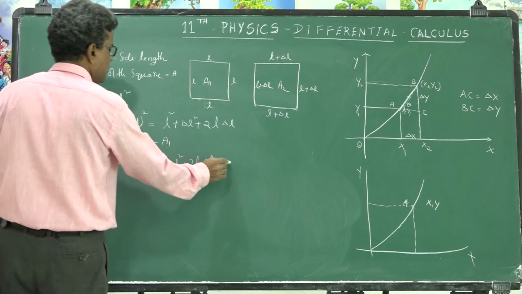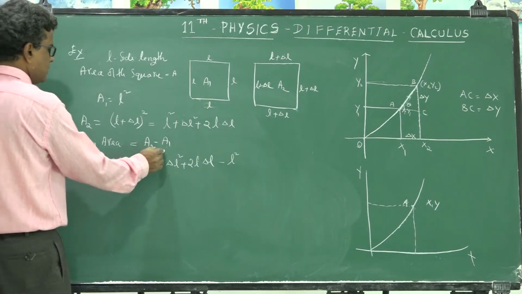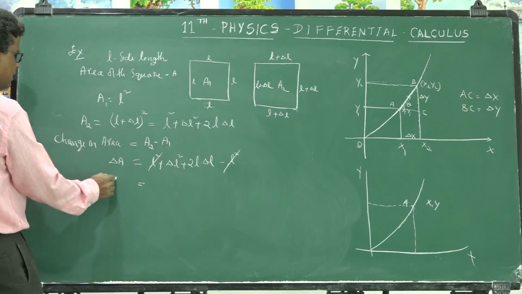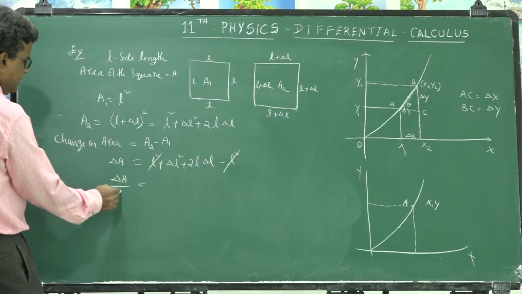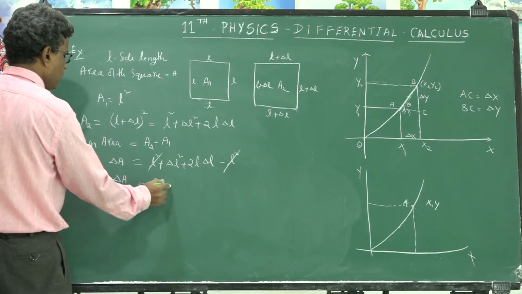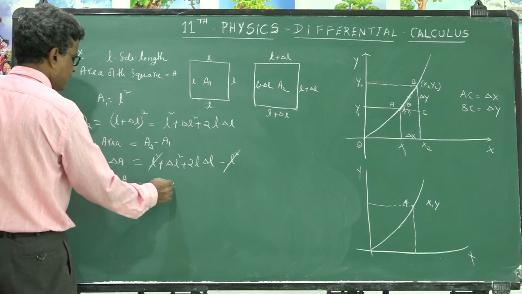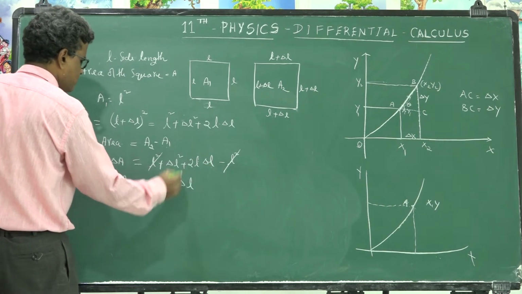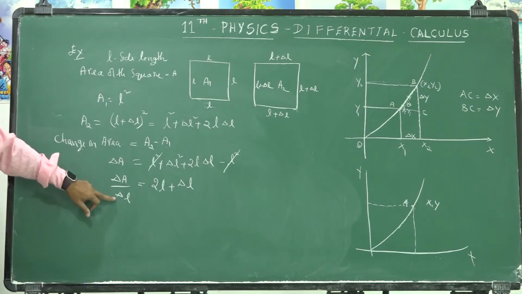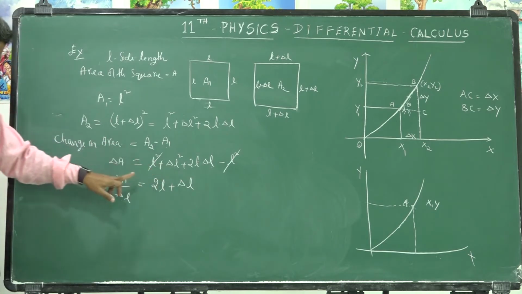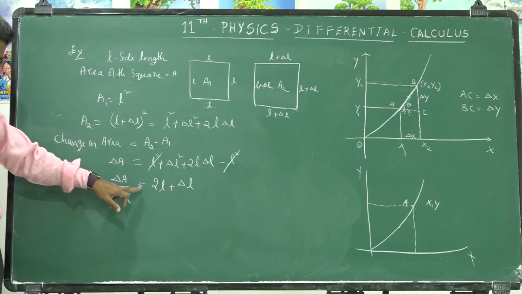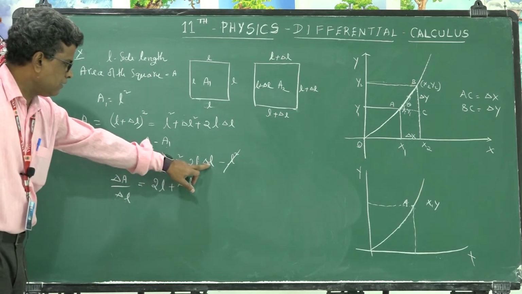The initial area is L square, so L square minus L square gets cancelled. Now divide with delta L on both sides, delta A by delta L. One delta L will get cancelled and one delta L will be left. So delta A by delta L is equal to 2L plus delta L.